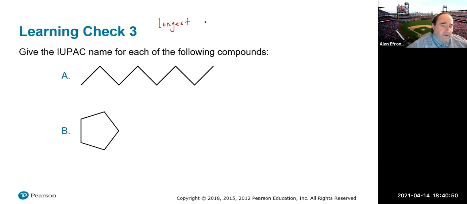You always look for that longest continuous carbon chain. We have nothing else attached here, so it's pretty straightforward. We just need to count. That's 1, 2, 3, 4, 5, 6, 7, and 8 carbons. 8 is octa, and this is octane in that case.